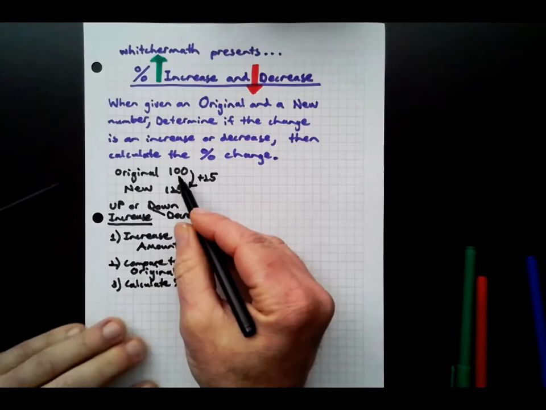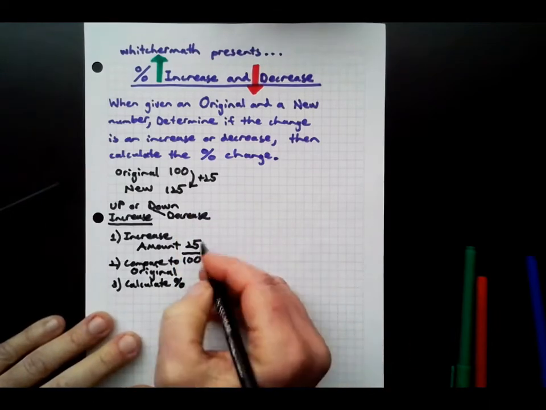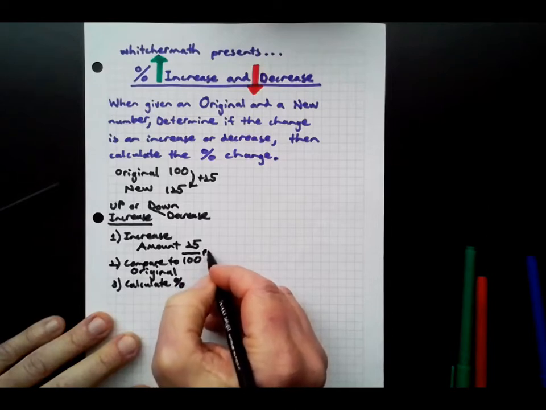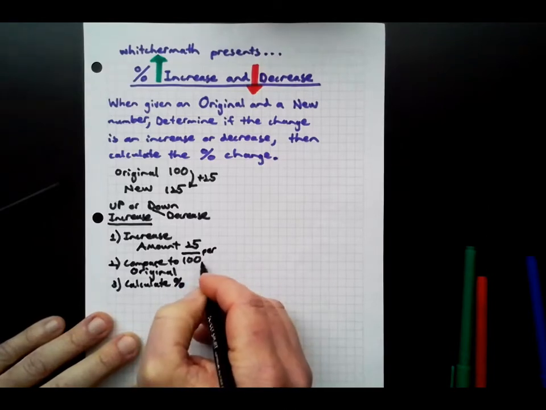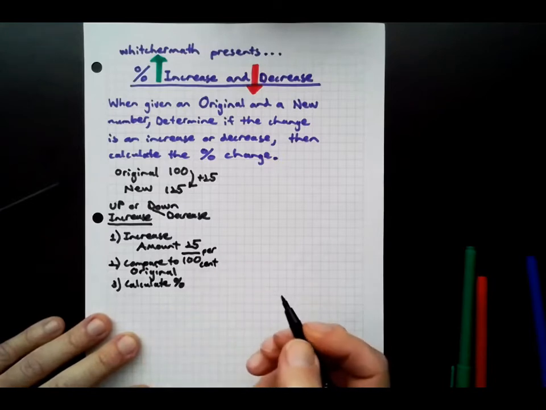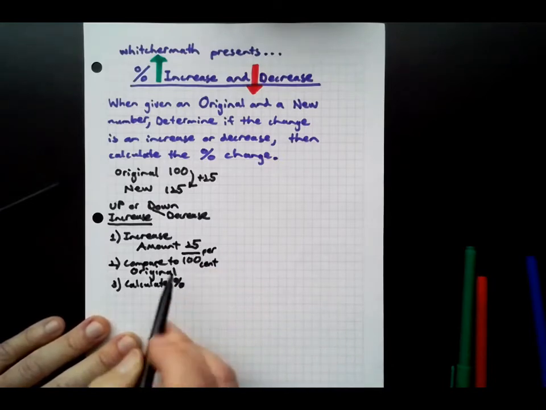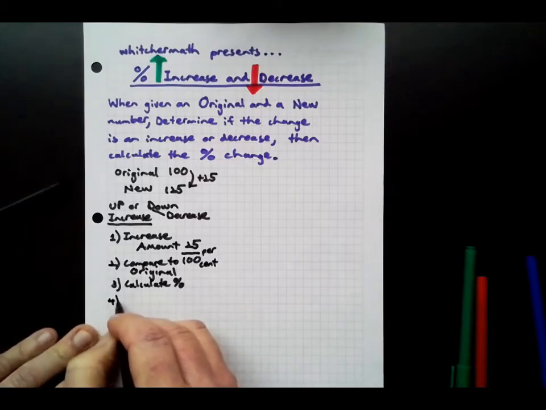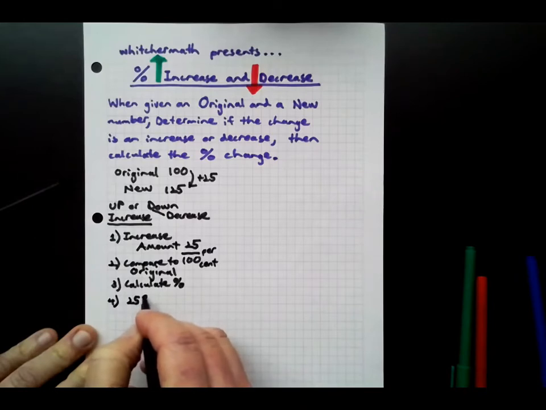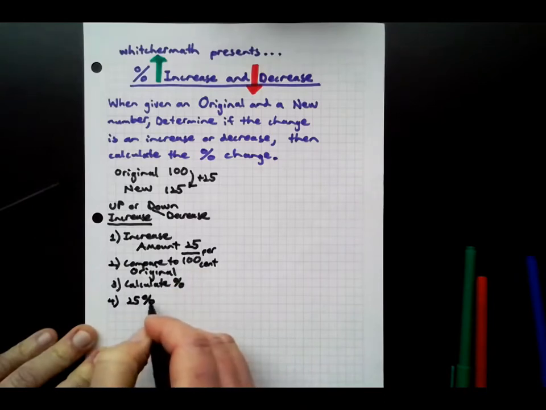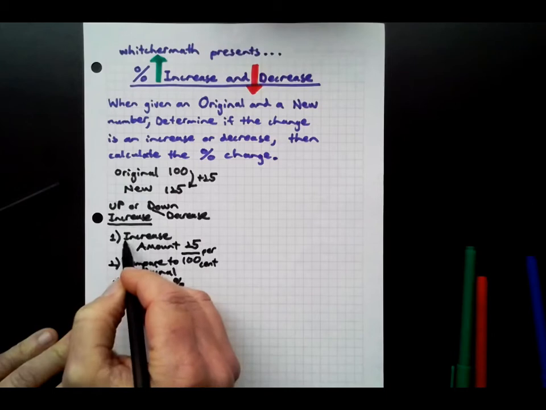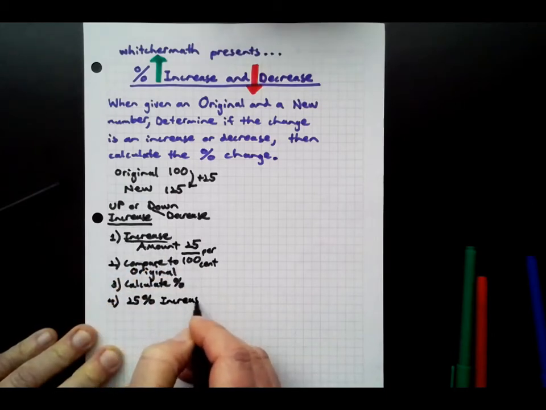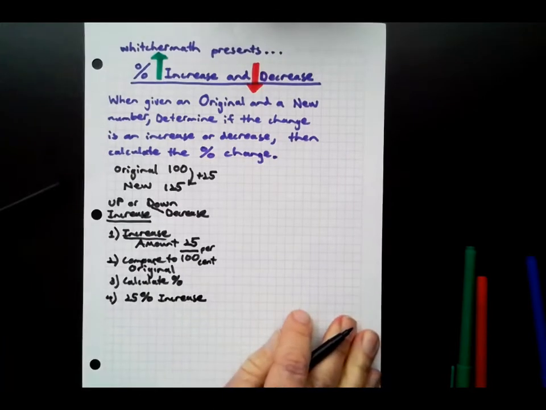And this is why I chose to use 100 to teach with, because by definition, if we just say 25, we say the word per for the fraction bar. The word cent, of course, means 100. So this is a 25% increase. And we like to write the answer with the number, the percent sign, and then repeating if that was an increase or a decrease. There's our 4 steps.